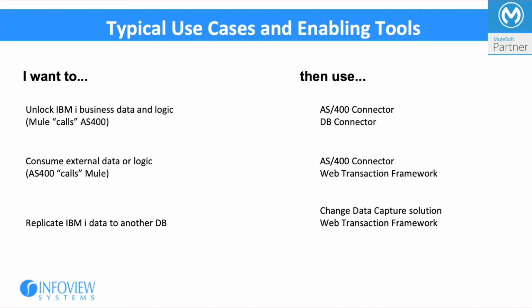If you would like to do those, we have to use the AS400 connector. And by using the AS400 connector, we can utilize the pre-existing business logic, which was written long years back on the AS400 side, and simply expose it as API services.